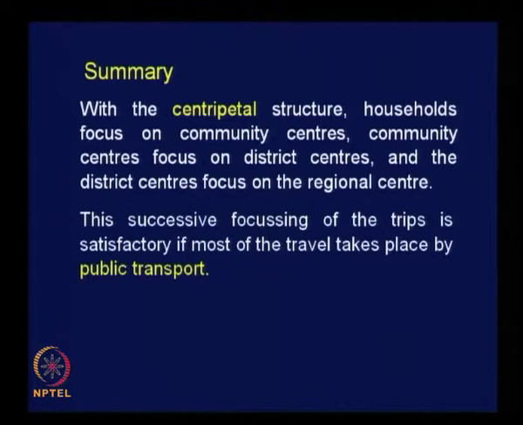That is our interest. As transport system planner, how are we going to recommend the structure for a given urban area? Why has this statement been made? They say centripetal type of urban structure is suitable if you can operate a good public transport system. Why?